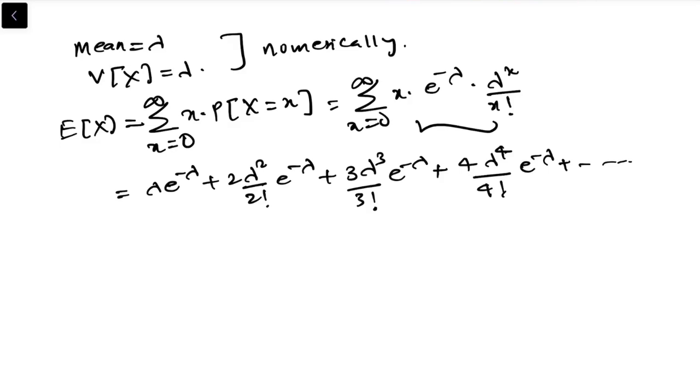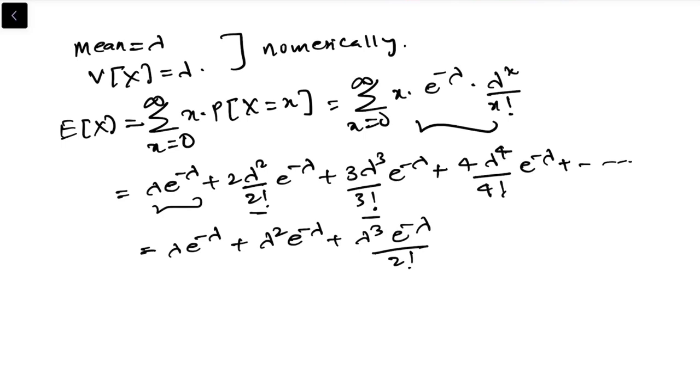Okay, so the first term will remain as it is, lambda e to the power minus lambda. In the second term we can cancel 2, so this is lambda square e to the power minus lambda. In the third term we can cancel 3, this is lambda cube e to the power minus lambda upon 2 factorial. In this term you can cancel 4, so this is 3 factorial, and so on.